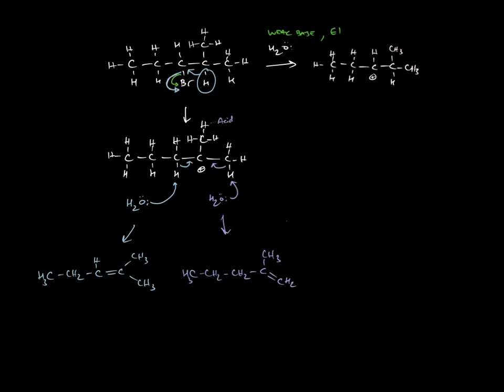So let's bust out some more colors. Our water, which is a weak base, can pull a hydrogen off of a carbon next to your electrophile. So we can grab that hydrogen and make an alkene over here, which would give us CH3 and an alkene between that second and third carbon. And then this guy would be left over there.